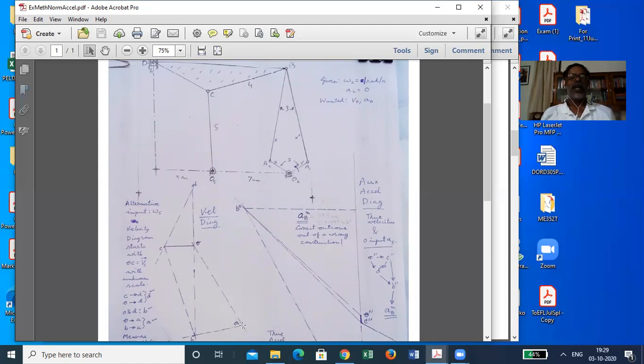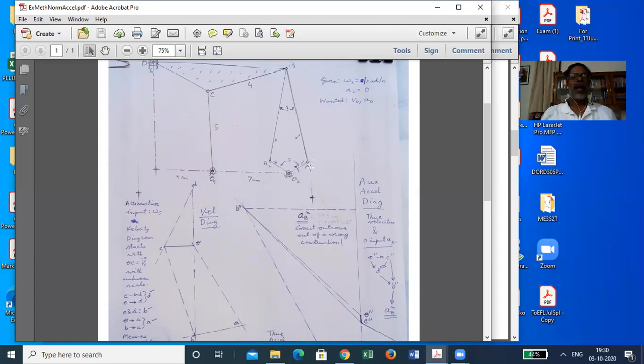After you have got A, then you say that this vector OA should represent the true velocity of point A, which you know, 1 radian per second into this.